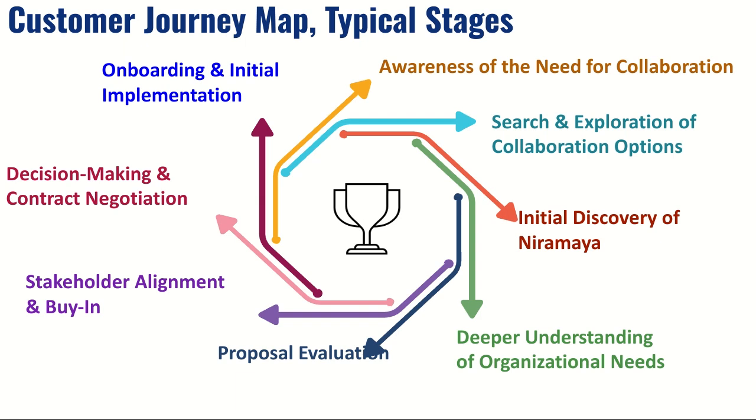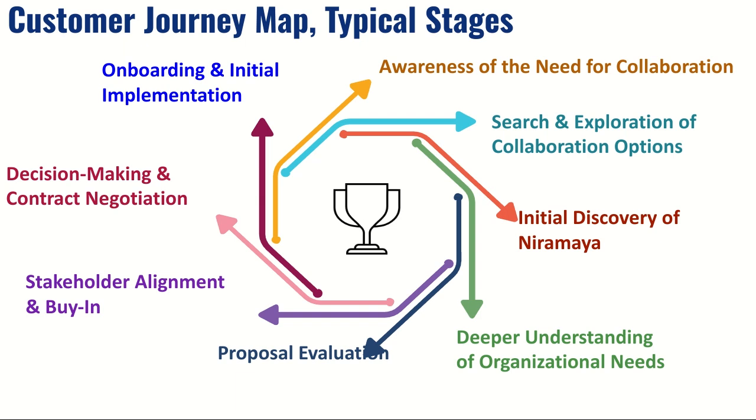And for Gayatri, the stages that they have identified are for doing a detailed study of the experience of a decision maker, because this is a B2B context. Niramaya is exploring a partnership with a large organization like Reliance Health. What are the stages that a decision maker in that potential partner organization goes through? Those stages are written over here. Awareness of the need for collaboration starts there.